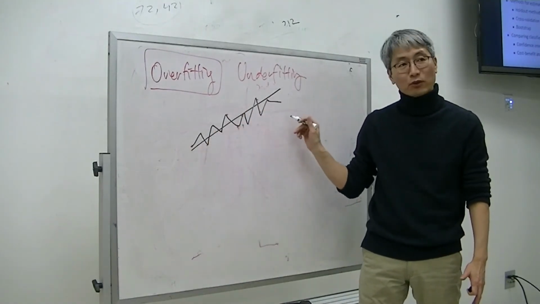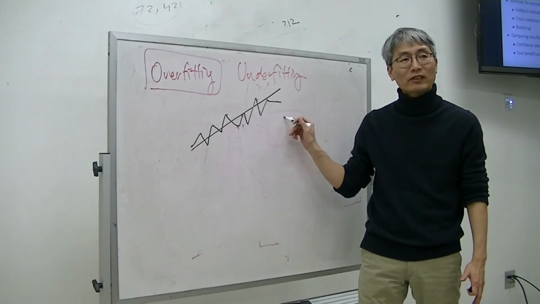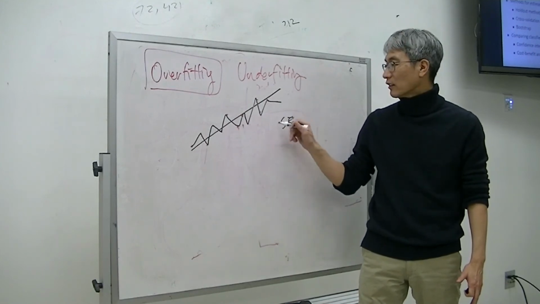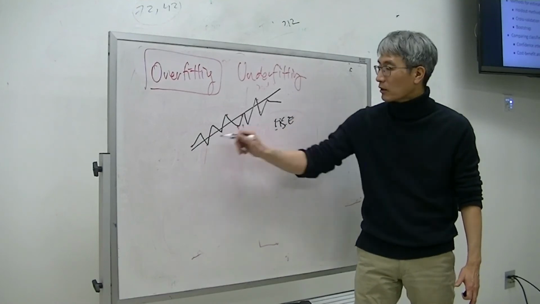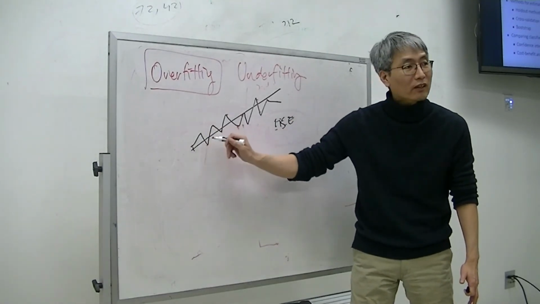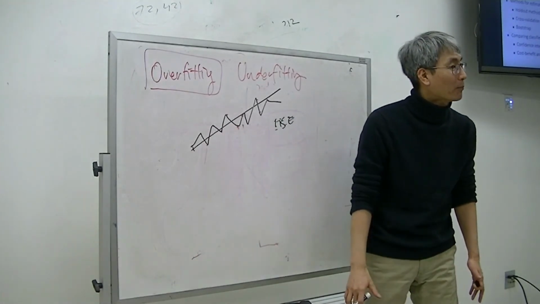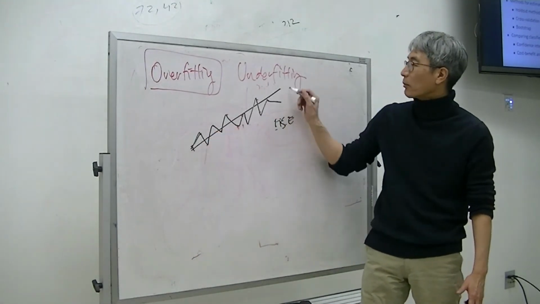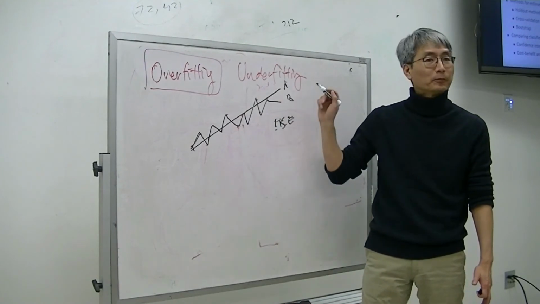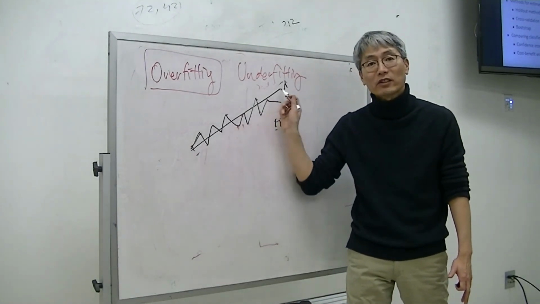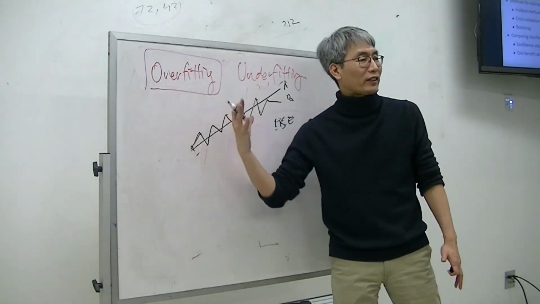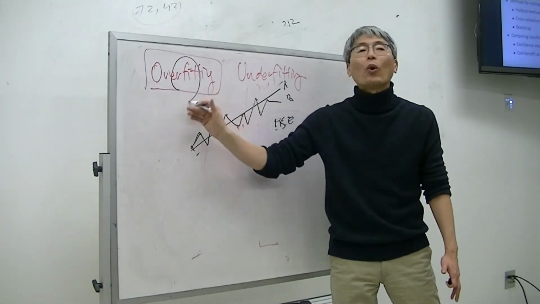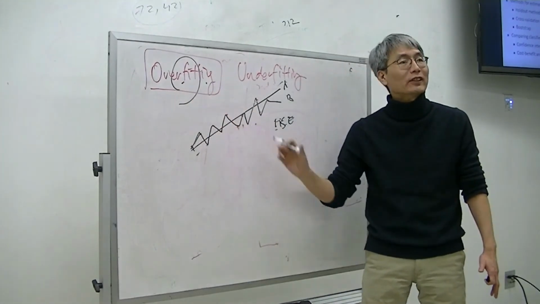Do you remember the squared error? Mean squared error or root error. You can calculate the error, and this will be 0, right? Perfect. But which one is better, A or B? A is better, right? It's generalized. B is too much trained. It's overfitting. Overfit to the data.